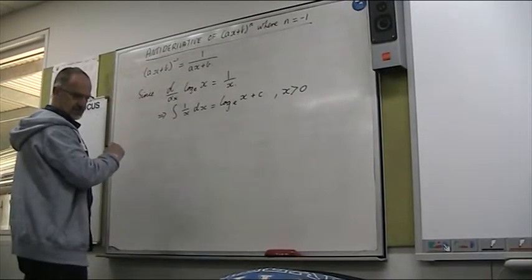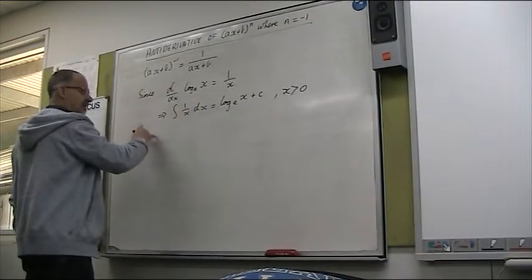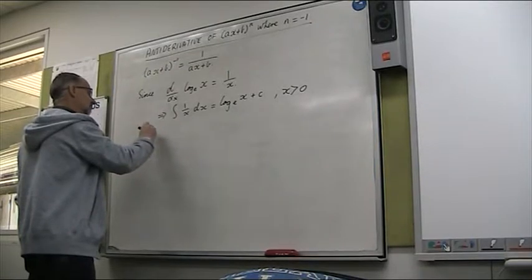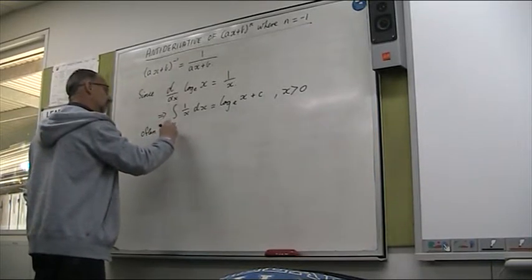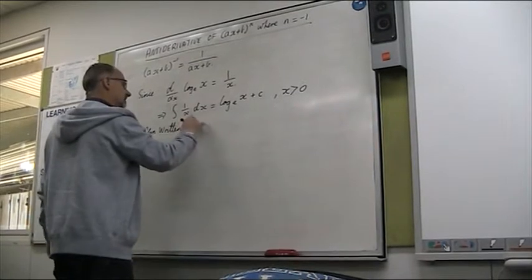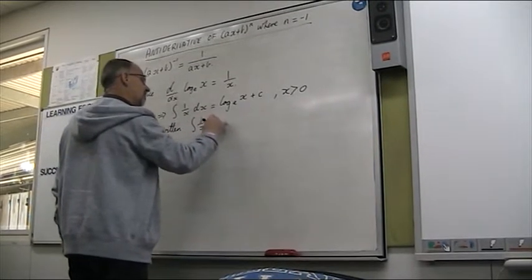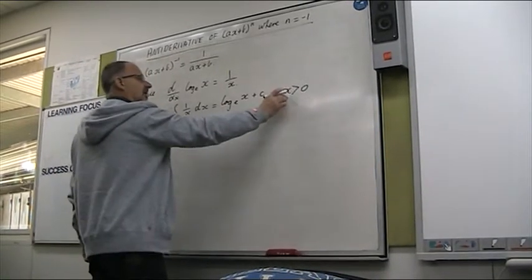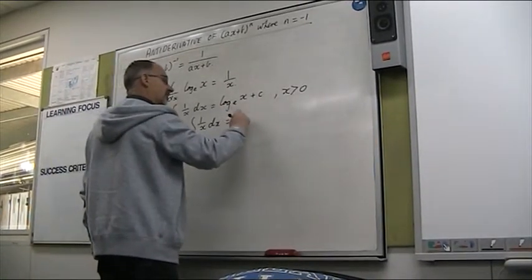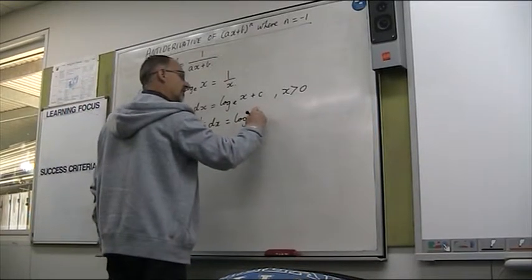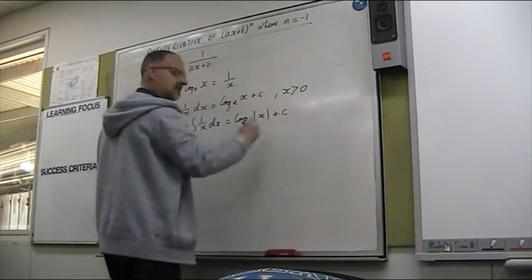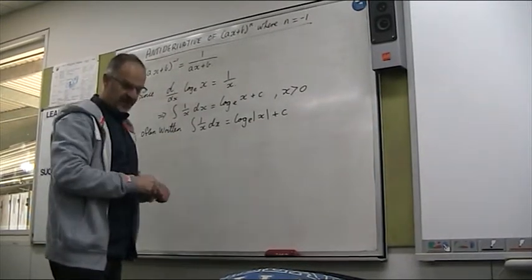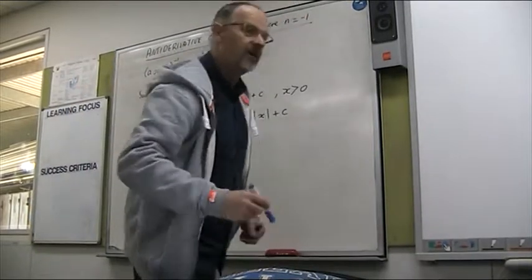More often written like this. So the first part's the same, the 1 on x dx. But because x has got to be greater than 0, often we see it written with these modulus signs here. And these signs here mean positive.